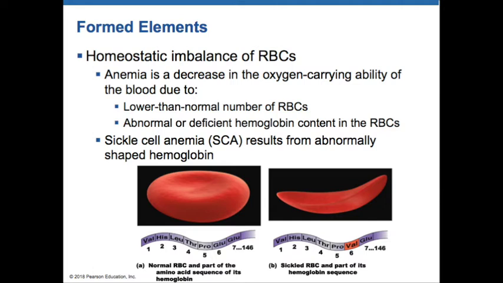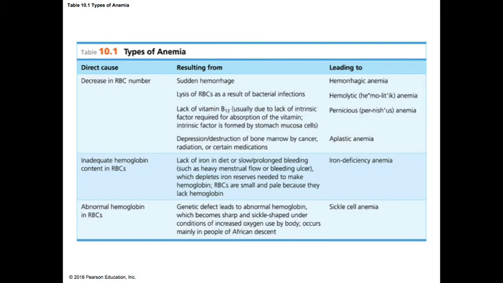It's going to make the cell have a sickled shape. Because it has a sickled shape, the hemoglobin is not going to work properly, which means that it's not going to be capable of carrying enough oxygen, which means that your tissues and organs are not going to receive enough oxygen either. Now, slide 15 will give you a table about the different types of anemia.